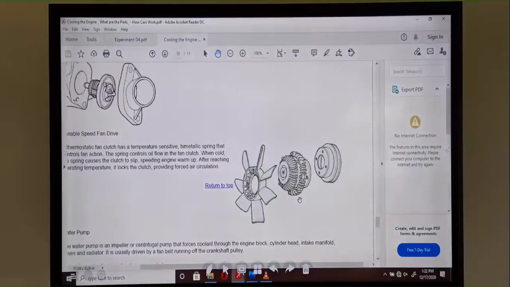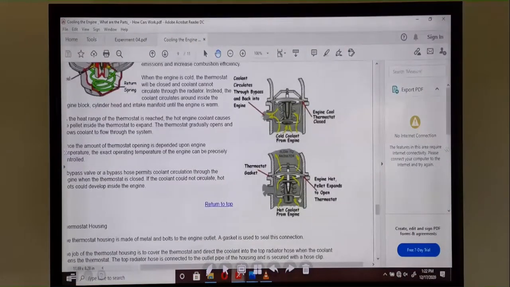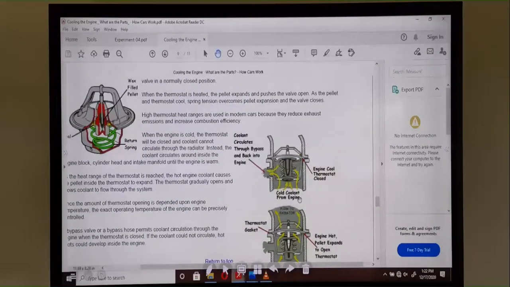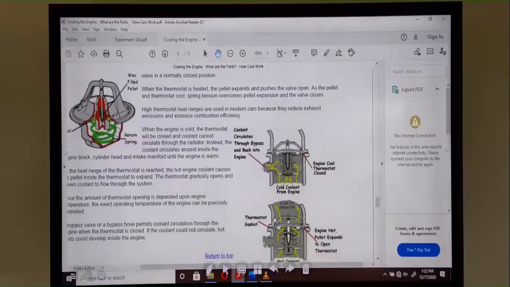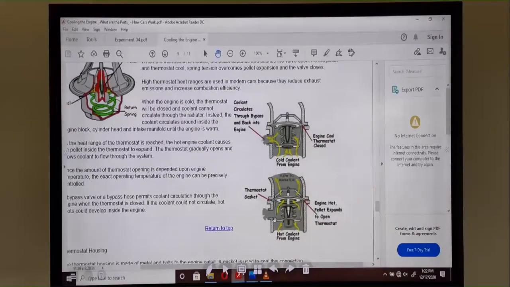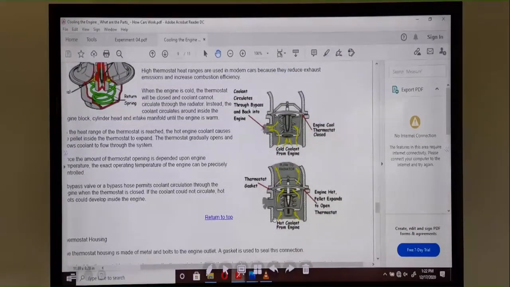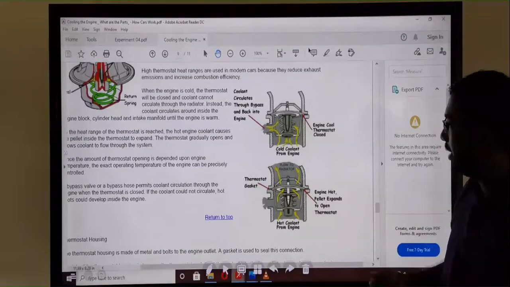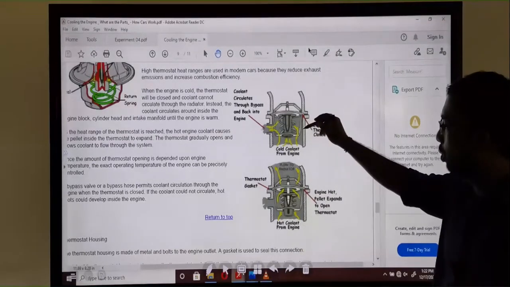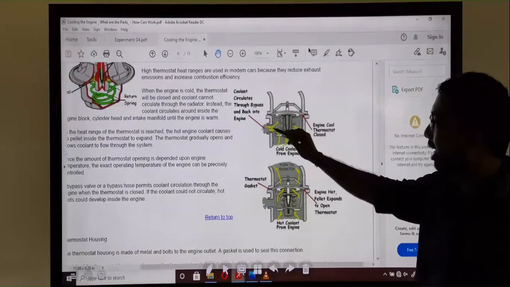So you can see this is the thermostat. Here in the normal time, coolant from the engine goes to the bypass line.